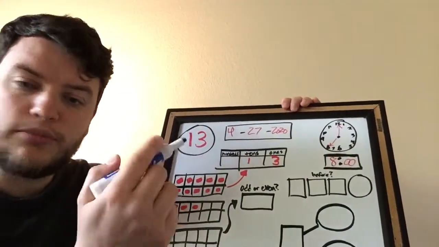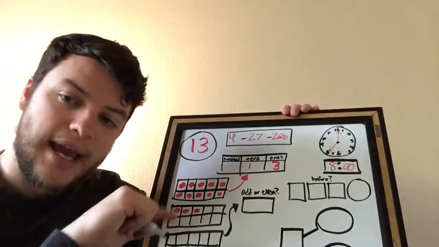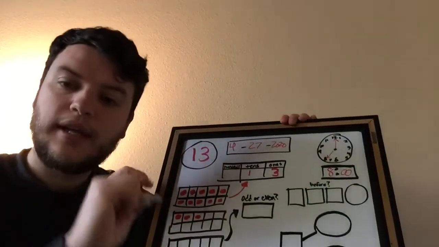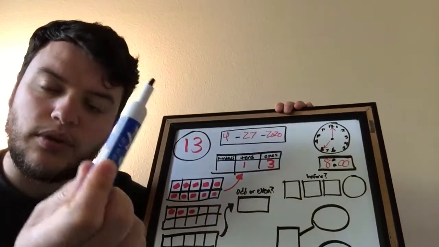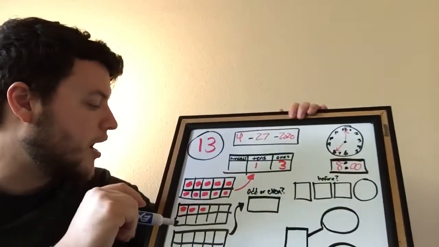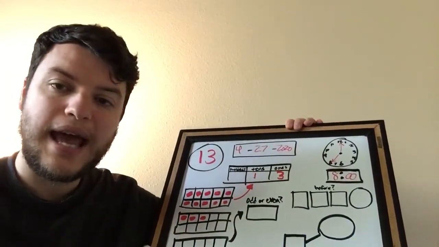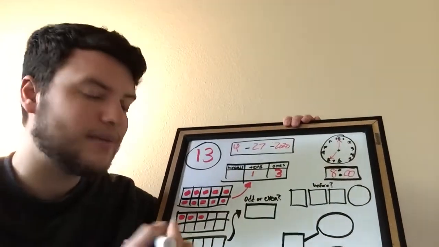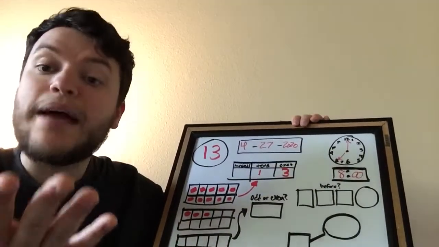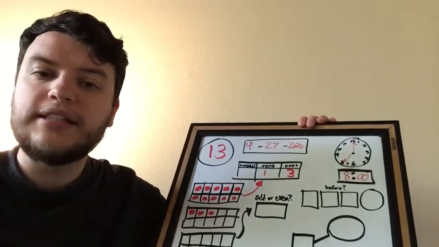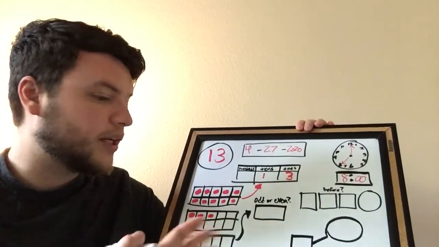I'm going to use a blue marker, and anything that comes out in blue, that number is going to be odd. I start counting at 1 on the 10 frame. 0 would be an empty 10 frame, so 0 is not a number that we're going to count for this.